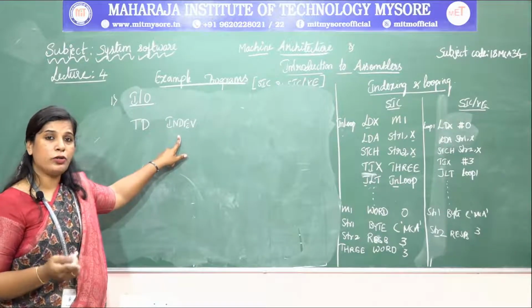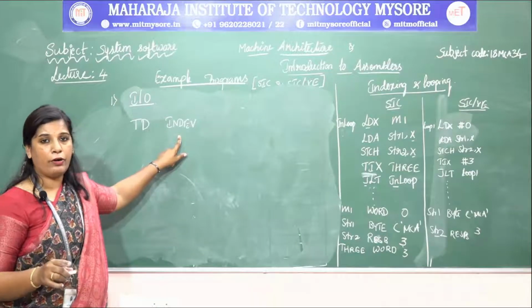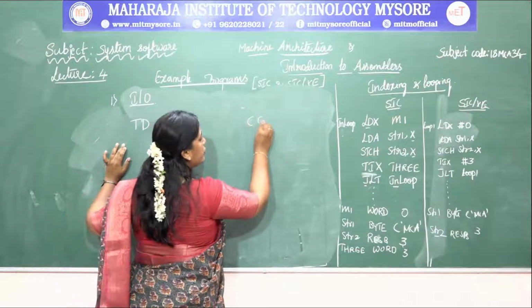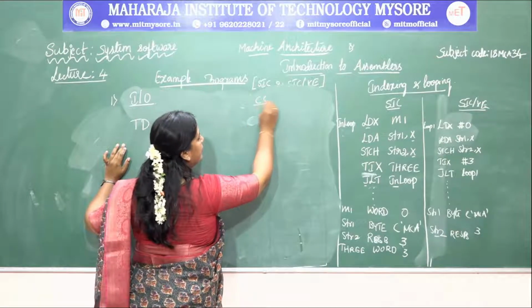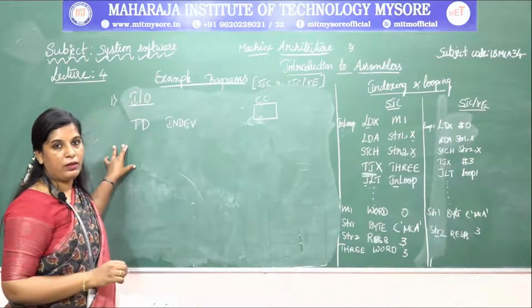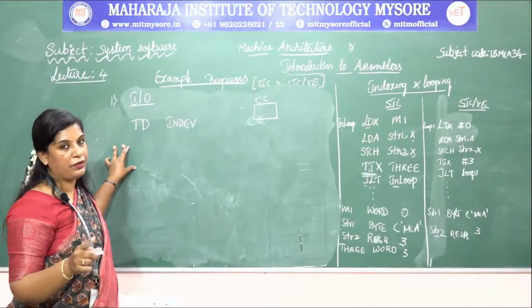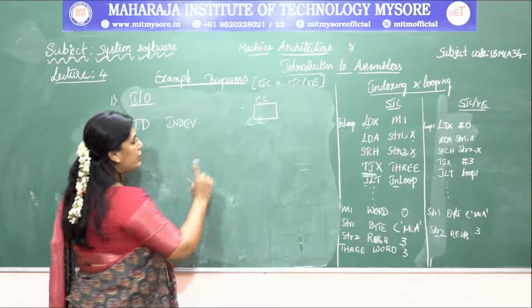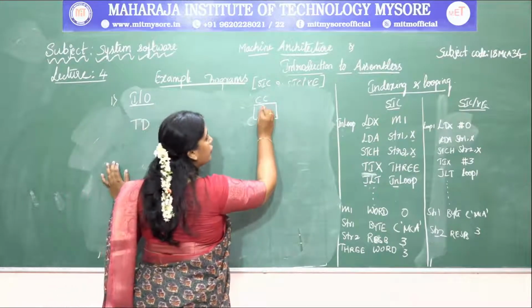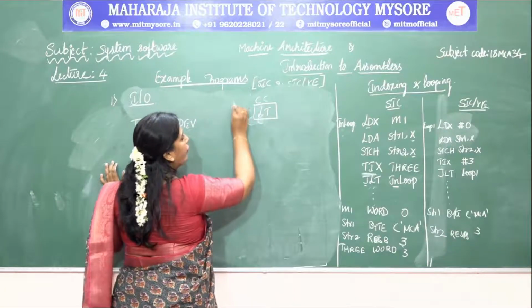How does it identify whether the device is ready? It also uses the same condition code flag bit to set the value as less than or equal. If the input device is ready, it is going to set the condition code flag bit for the ready state.